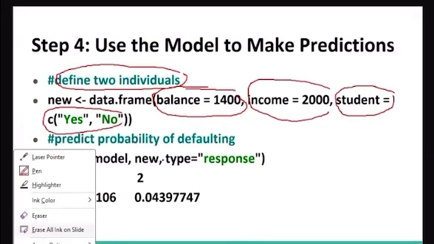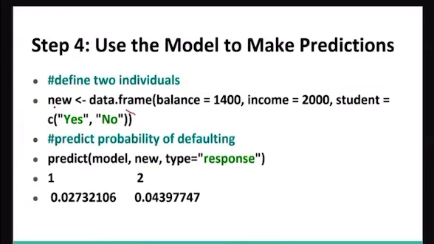Do you know why there are two individuals? We're considering a student that has a balance of 1,400 in the account, and that student has an income of 2,000 per month. Then we also have another individual in the bank who is not a student. That's why you see yes and no. That makes it two individuals.